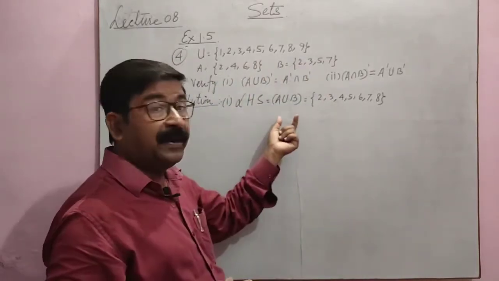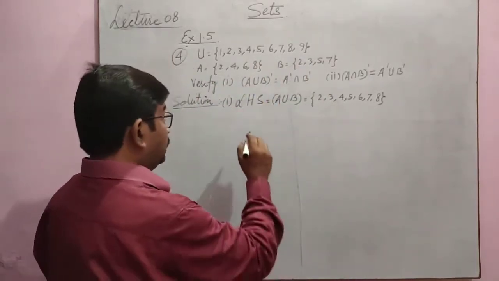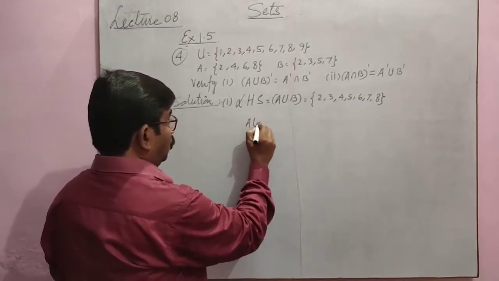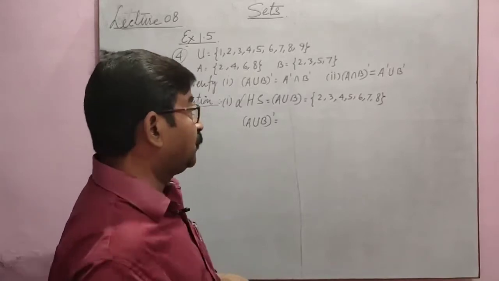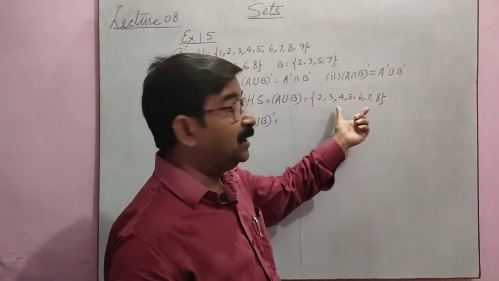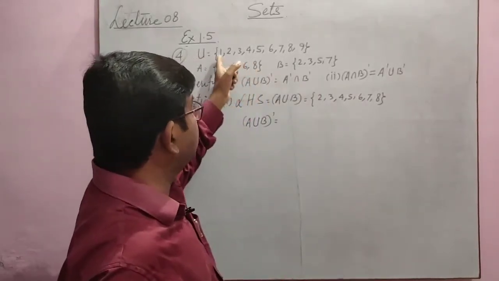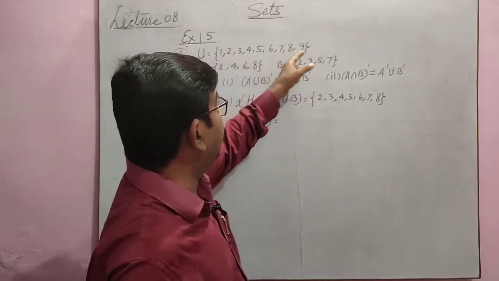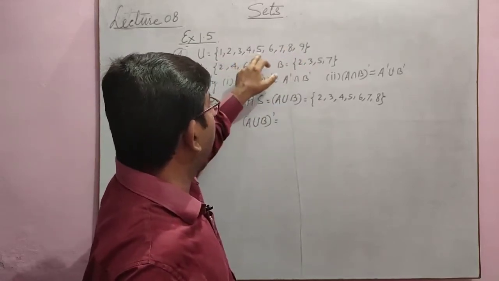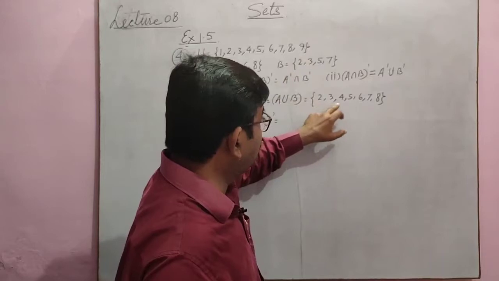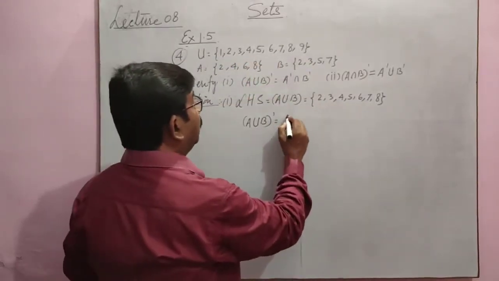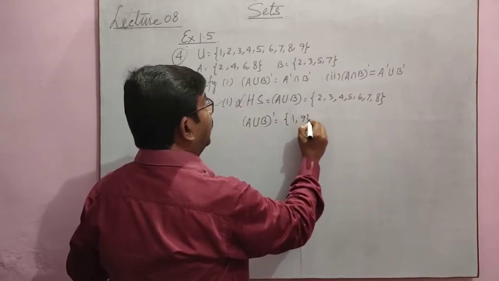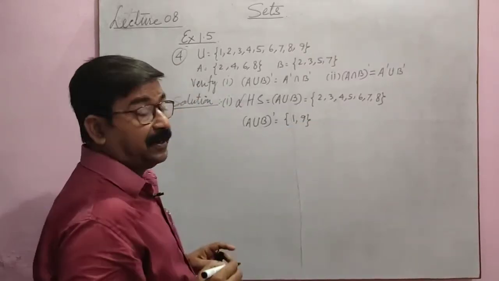Now we have to find its complement, means A union B complement. In case of complement, we will remove these elements from the universal set, which has elements 1 to 9. If we remove 2, 3, 4, 5, 6, 7, 8, what is left? 1 and 9. This is the left hand side.